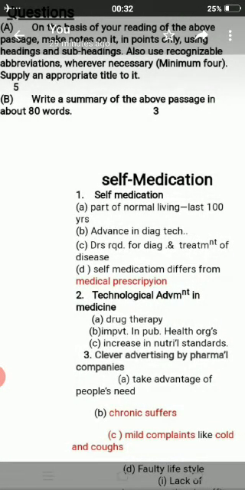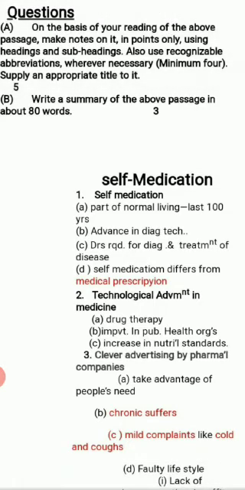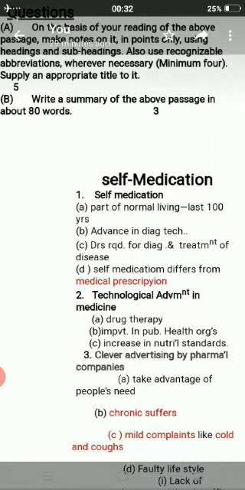The topic of this passage is self-medication, and the main heading is also self-medication, and students, A, B, C, D are subheadings. In the same manner, technological advancement in medicine is the second main heading, wherein the word advancement has been written in abbreviation like ADVMNT, right?